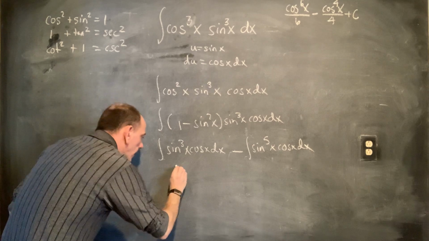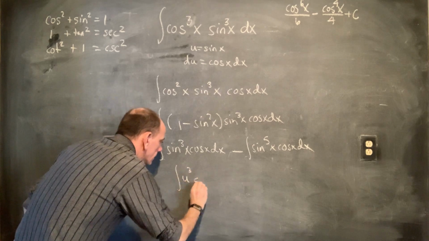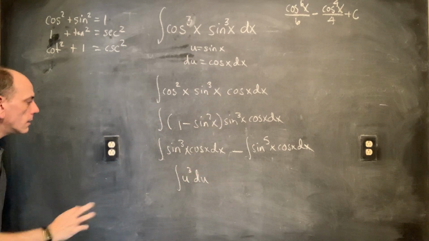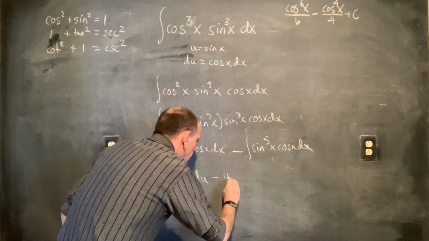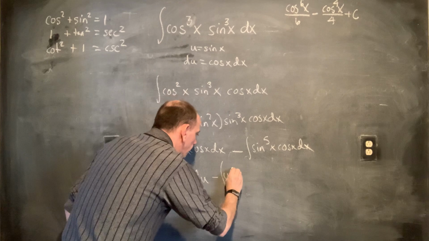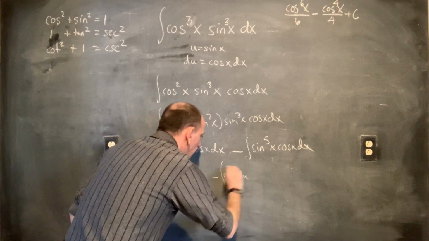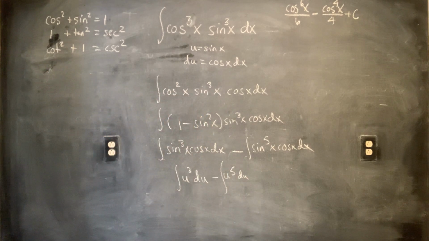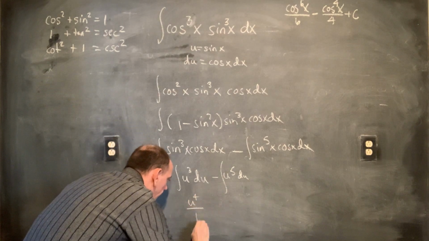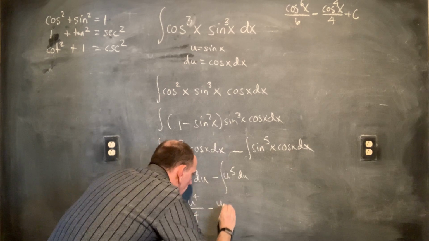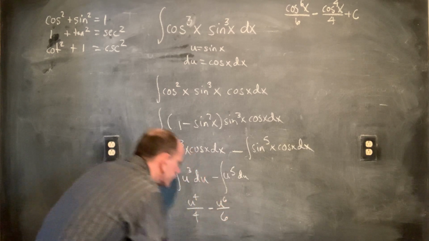So we have integral u cubed du minus integral u to the 5th du.